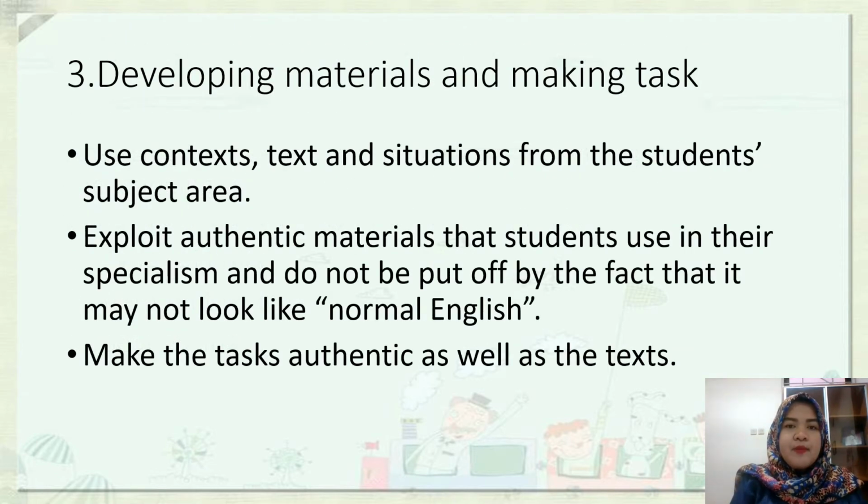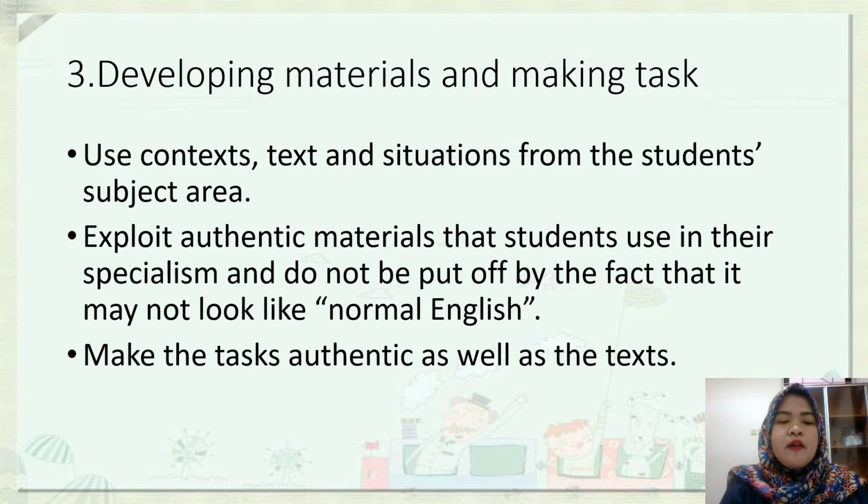Next is developing material and making tasks. In ESP, teachers or course developers select and devise authentic texts as well as well-devised tasks. Material development in ESP, Harding in Basturkmen, proposed three principles. The first one is use contexts, texts, and situations from the students' subject area.